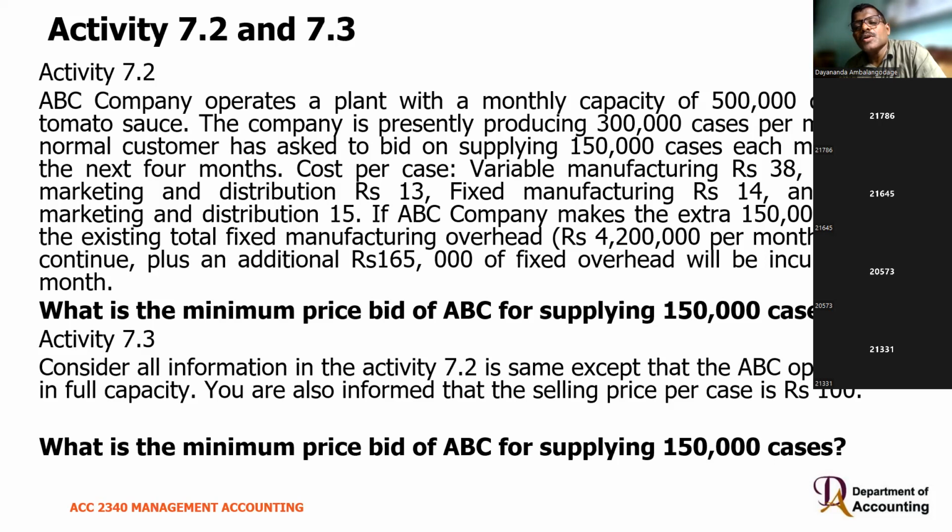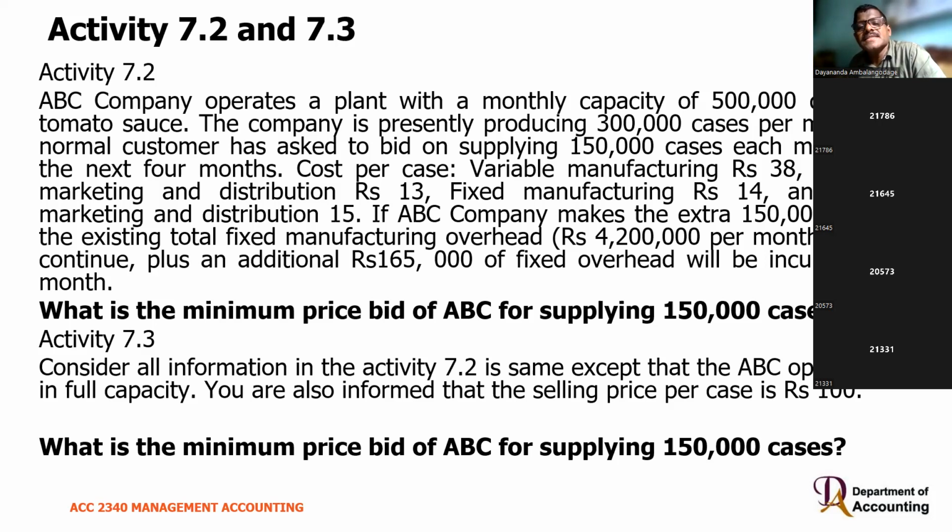The company is presently producing 3,000 cases per month. So you see that the capacity is 5,000 cases, but they are producing 3,000 cases. Using these two pieces of information, you will realize there is idle capacity. They don't use the maximum capacity. A normal customer has asked to bid on supply of 150 cases each month for the next 4 months. So this particular customer needs the cases only for the next 4 months.